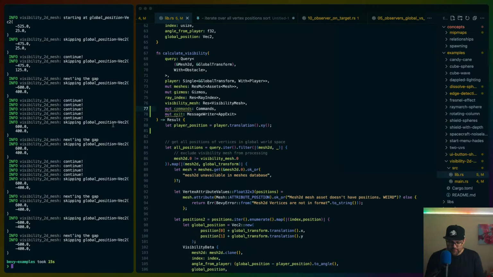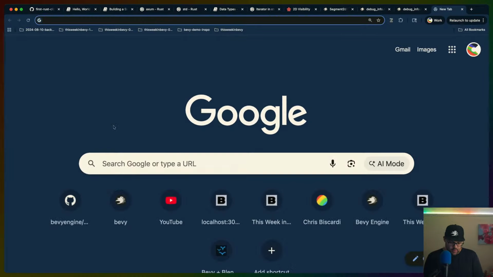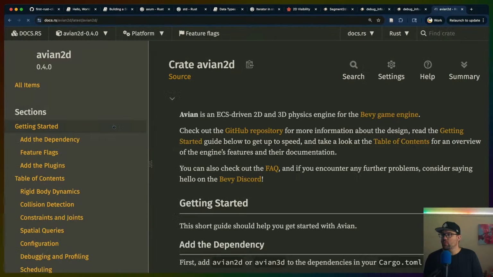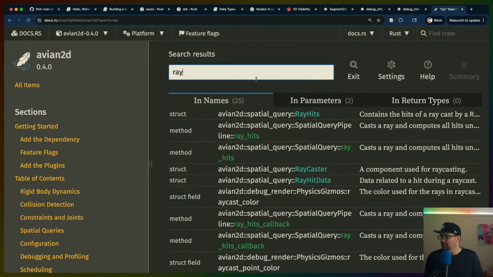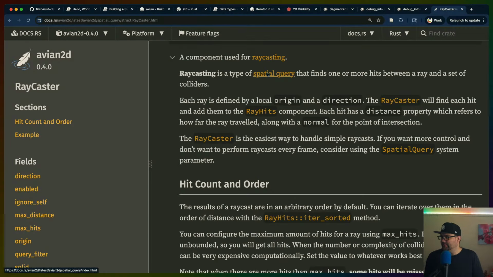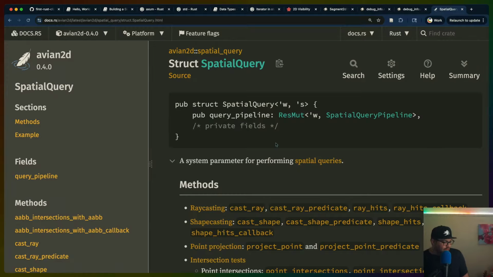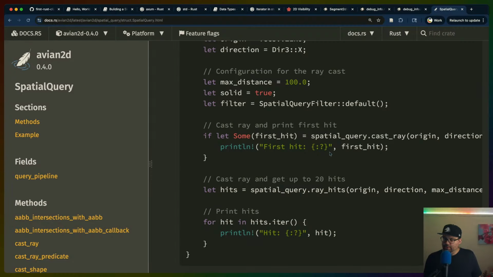So we could also, since Avian already has raycasting, turn these into colliders and take advantage of spatial query. Take advantage of Avian's infrastructure to do all the raycasting.